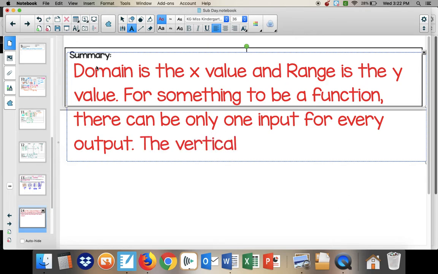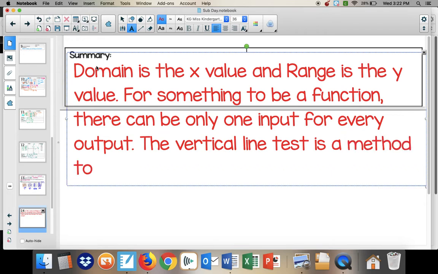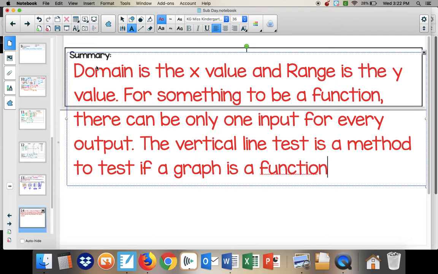The vertical line test is a method to test if a graph is a function or not. Look at that. 3 great sentences that sum up what a function is.